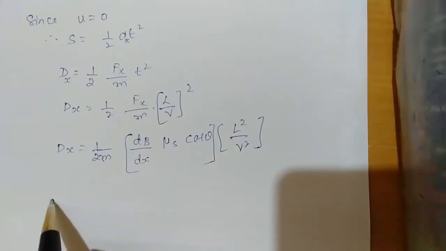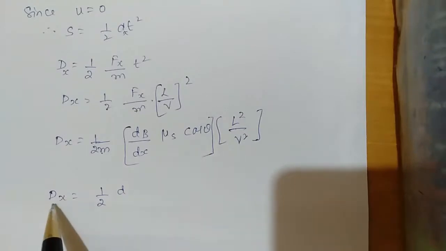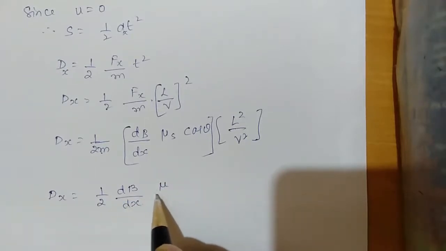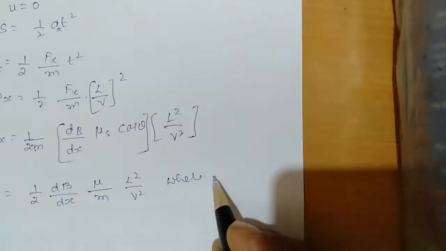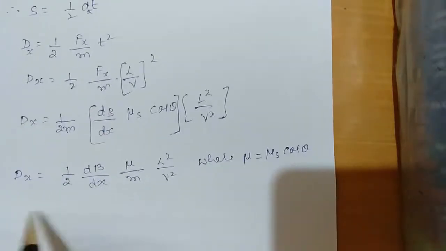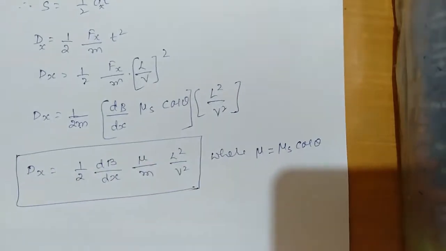Now I can write dx is equal to 1 divided by 2 into dB by dx into mu divided by m into L square by v square, where I will take mu as mu s into cos theta.